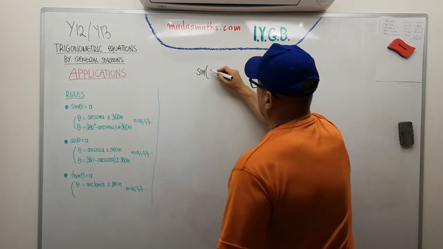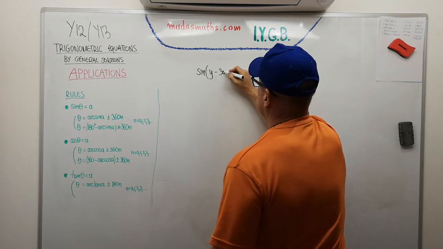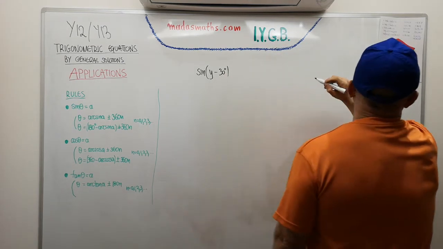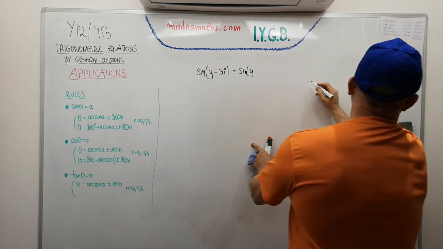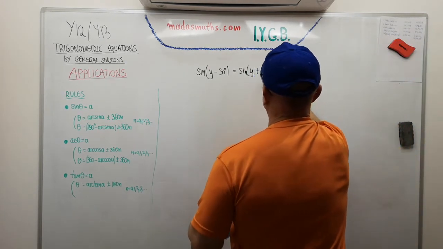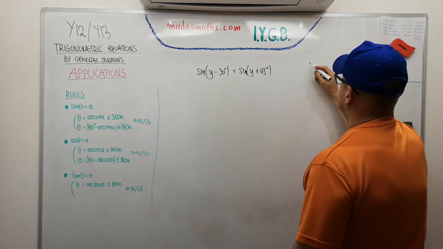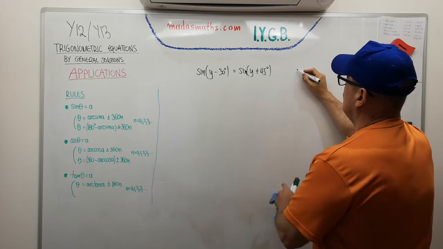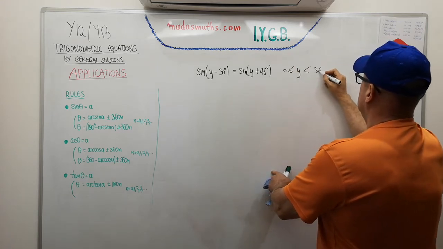We've done everything in radians, very painful. The sine of y minus 30 is equal to the sine of y plus 45 degrees. And the solution interval, let's change it to degrees, so y is between 0 and 360.